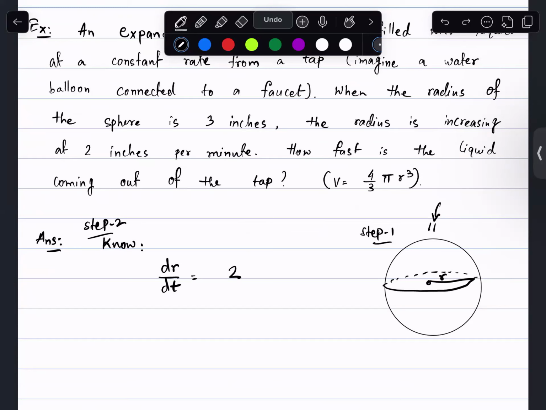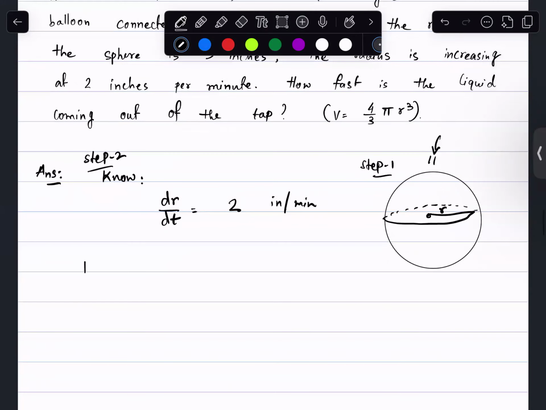So radius is increasing. That means dr over dt, because t here represents time, right? So therefore, I should write dr over dt to be positive 2 inches per minute, right? If the radius was decreasing, then I would have to consider negative 2. So for increasing, I have a positive sign. For decreasing, I should consider the negative sign.